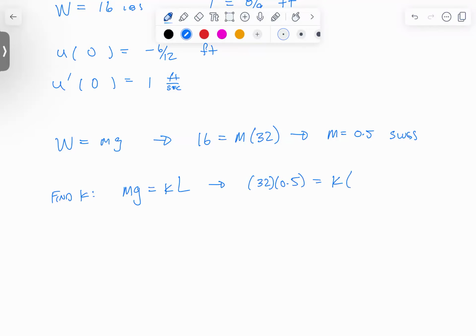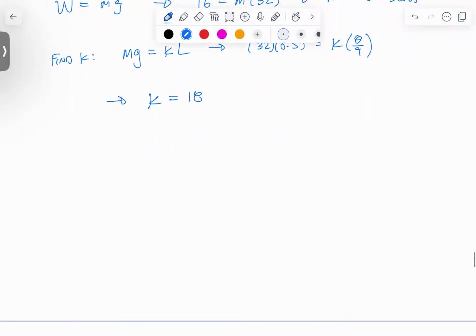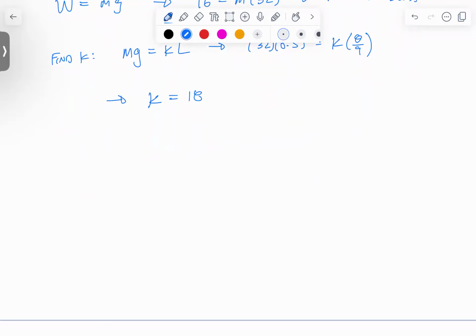It's just mg over L. And this does have units, which we could identify, but since they're a means to an end, I'm not worried about it.